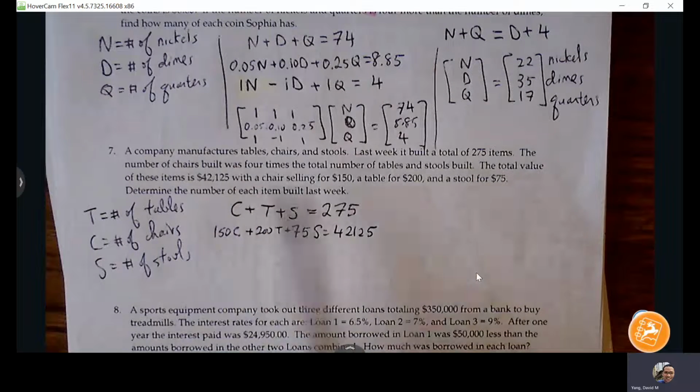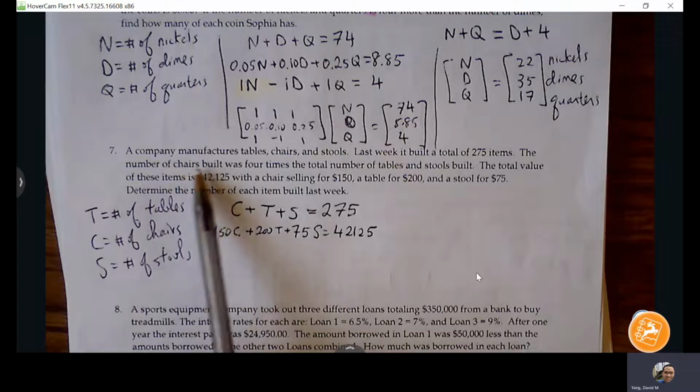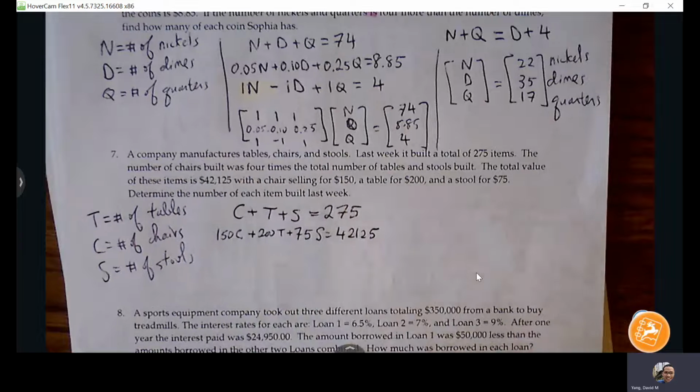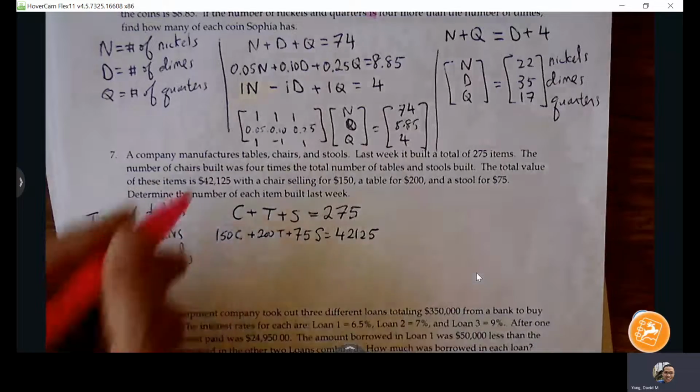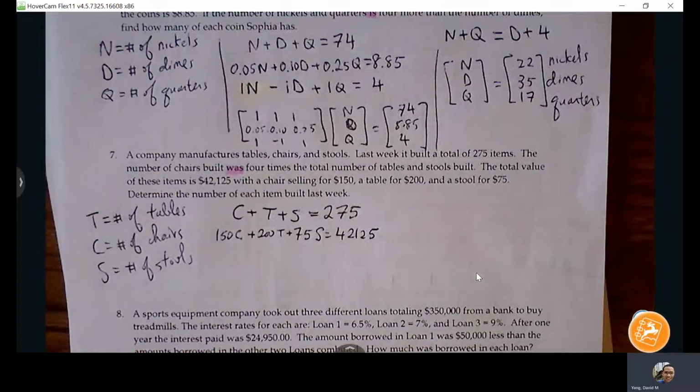And now the third equation, which I'm looking at in the second sentence here. The number of chairs built was 4 times the total number. This one is okay because you see the word "was," which represents the equal sign there.